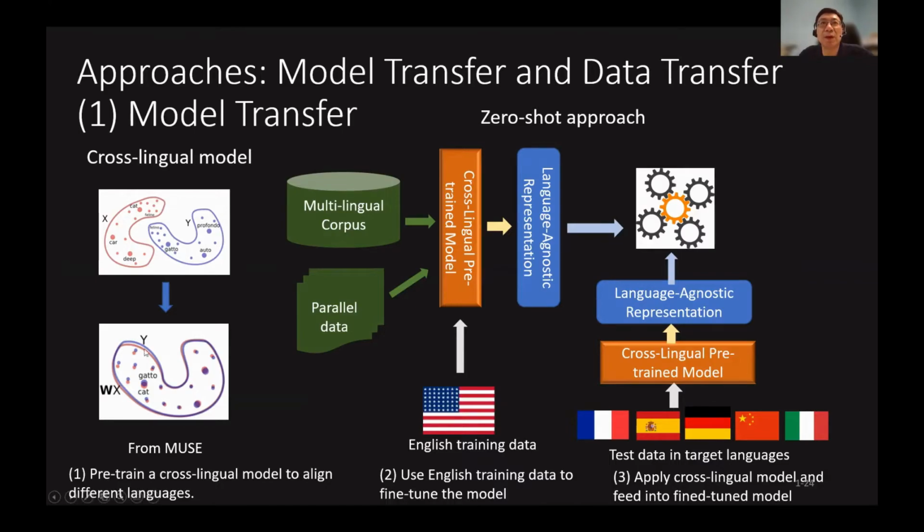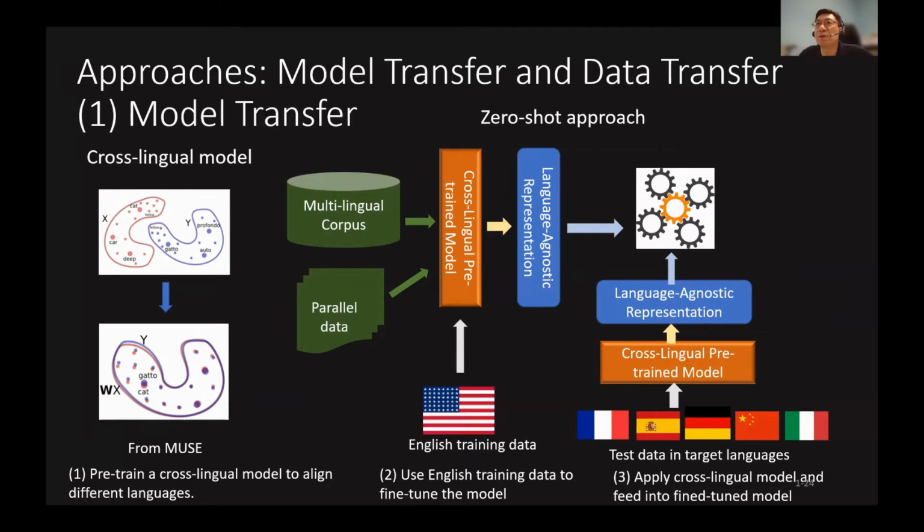Okay. So after we have a cross-lingual model, the second step is called fine-tuning. That means we use English training data to continuously train the cross-lingual model. Since the English training data is aimed at a particular task, the model after fine-tuning will perform well on that targeted task. One thing to call out here is that the cross-lingual model has already aligned different languages into a common space, right?